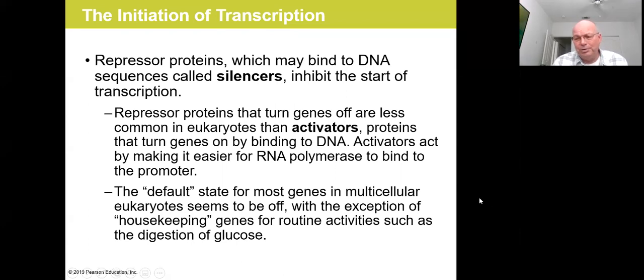So it is predominantly activator proteins binding to the enhancer sequences that in turn activate the genes by attracting the transcription factors that make it possible for the RNA polymerases to bind to the promoter.